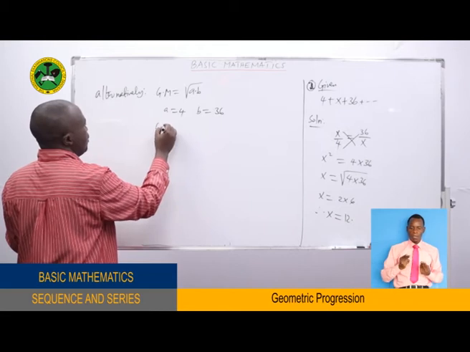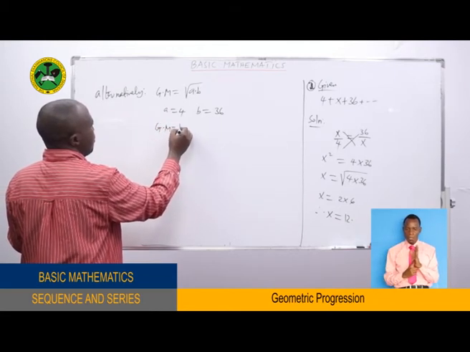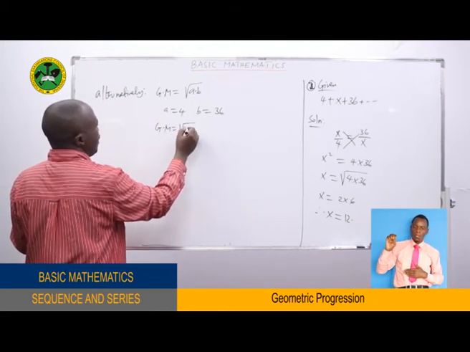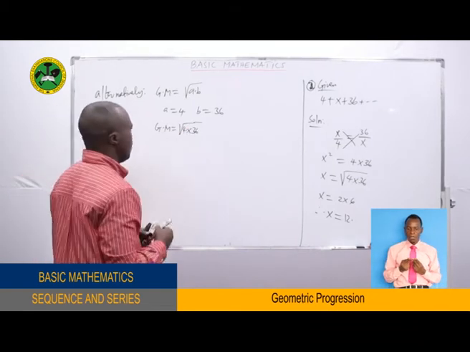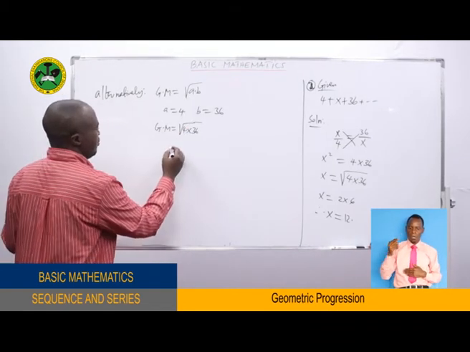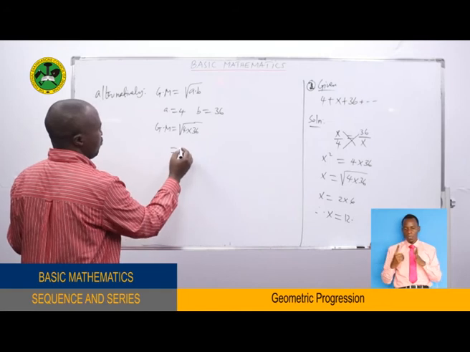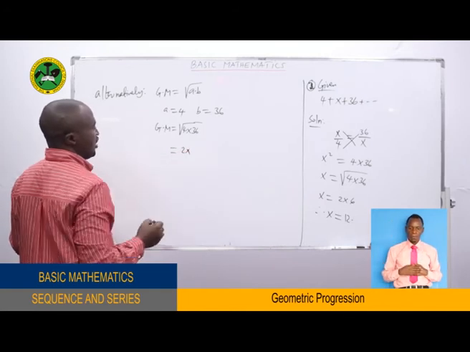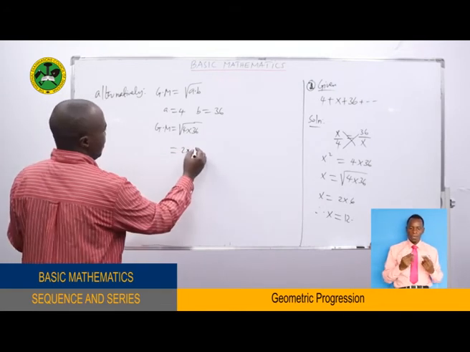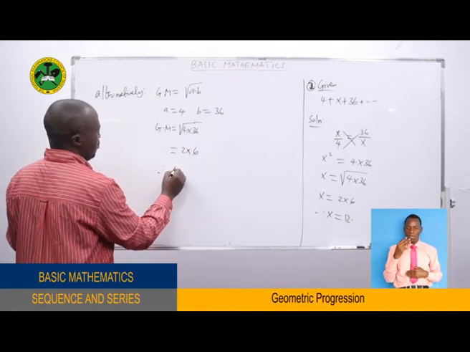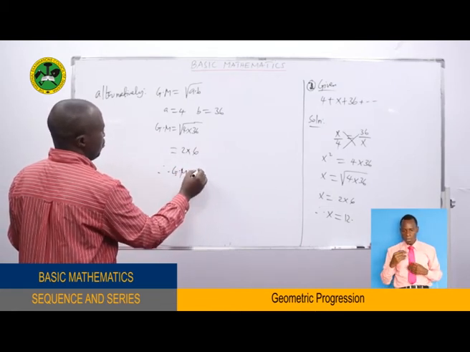So in this case, geometric mean is the same as the square root of 4 times 36, which is the same as the square root of 4, that is 2, times the square root of 36, that is 6. Therefore, geometric mean is equal to 12.